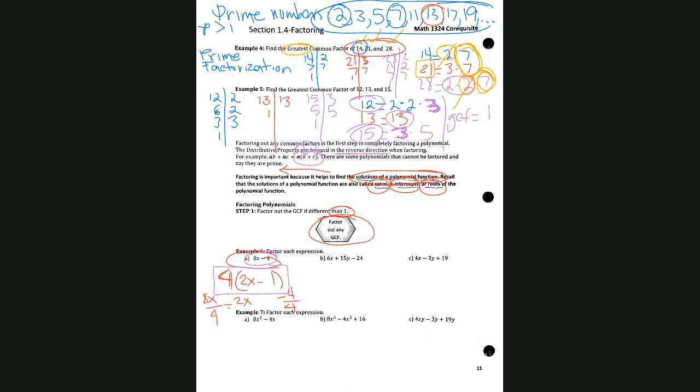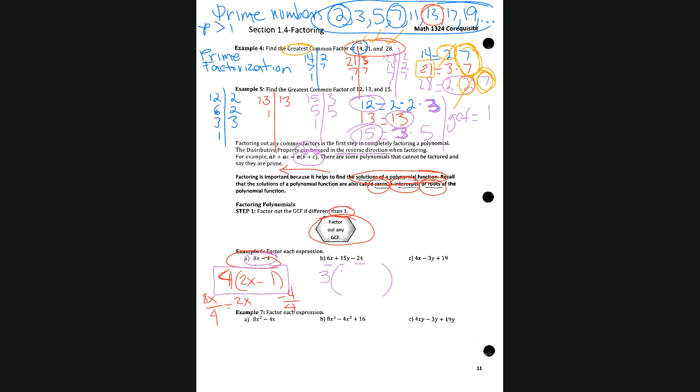Our coefficients here are 6, 15, and our constant term is 24. So let's think. 6 and 24 could be divided by 2, but 15 cannot. However, 3 could divide 6, it could divide 15, and it could also divide 24. So that's what I'm going to use, and I will factor out the number 3.